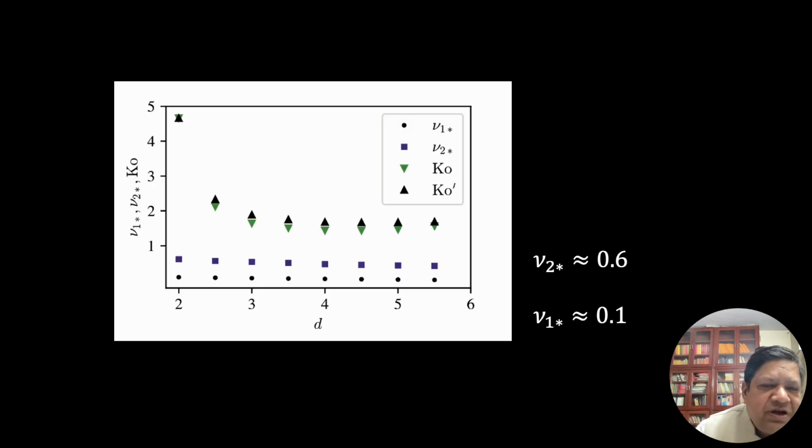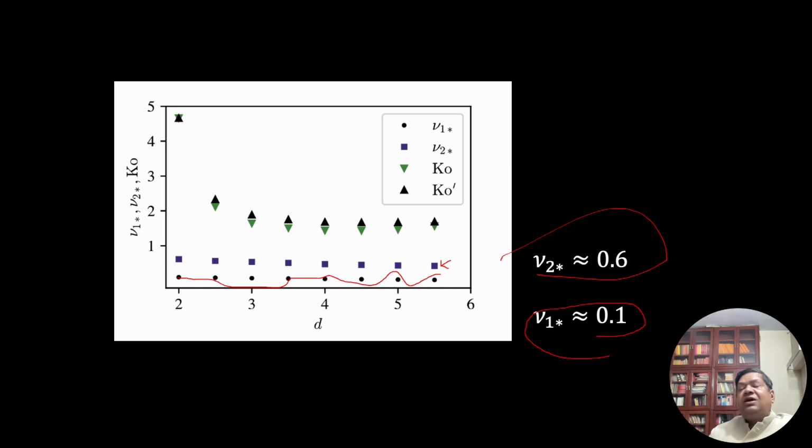So I did solve it for various dimensions from 2 to 6. I went up to 6. So it turns out this is a new one, and these numbers are around 0.1, okay, 0.09, and slight decrease, but it's basically close to 0.1, and nu2 is around 0.6, so nu2 is slightly above here. So you see these two components have different viscosities.